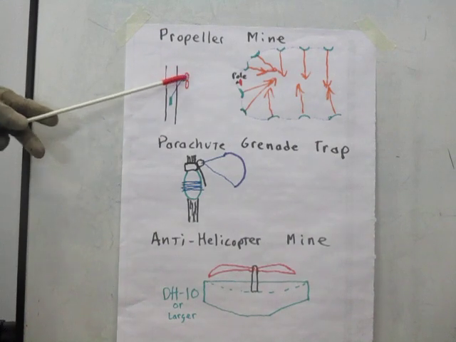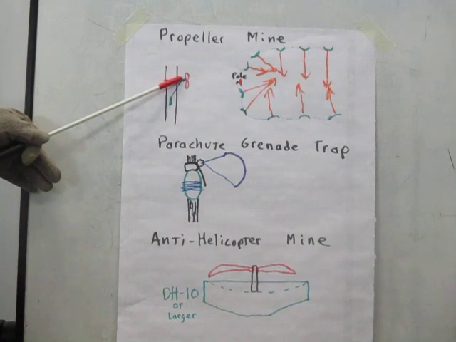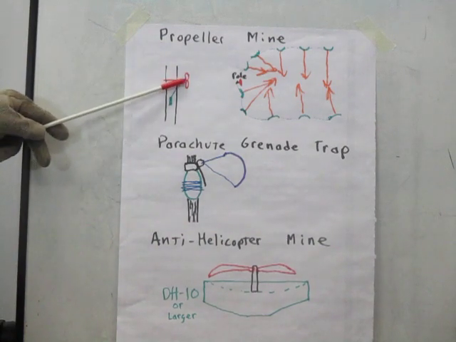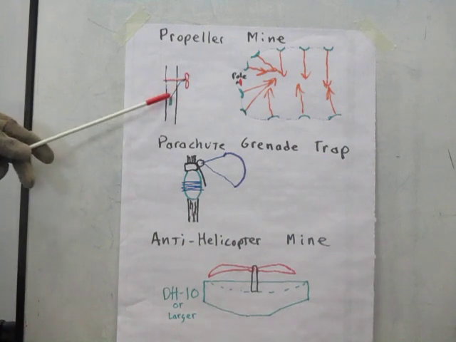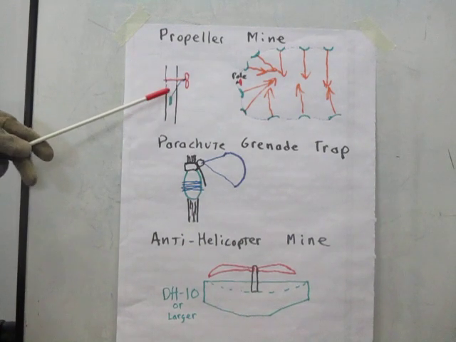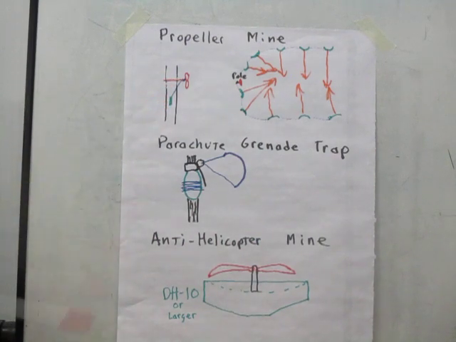On one end of it, facing the landing zone, they had an improvised propeller. This propeller was made out of scrap metal, it looked like from the pictures. The propeller is attached to the shaft. Coming off of that propeller is a piece of twine or communications wire or rope or vine going down to some type of firing device.